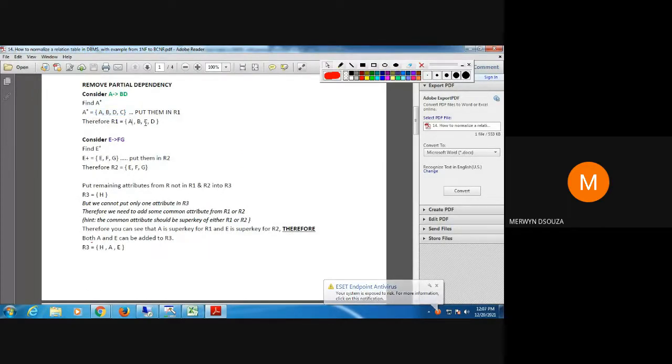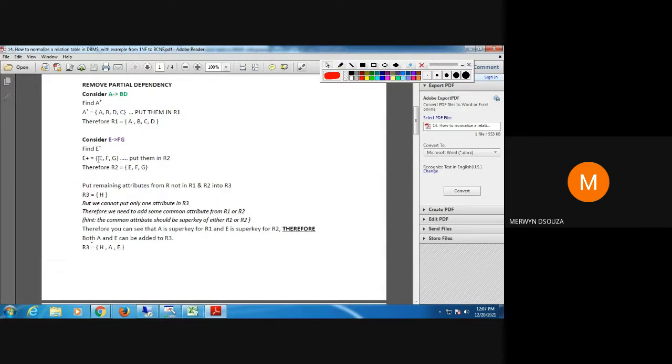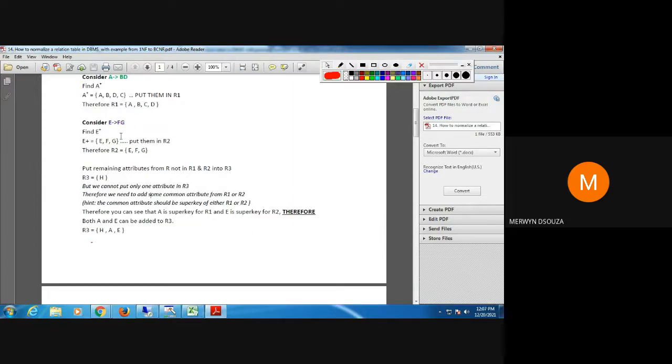If there are three relations R1, R2 and R3, and R3 is just having one attribute, find one common attribute from R1, find another common attribute from R2 and add both of those to R3. Like I have explained previously, I'm not going to do this in detail. Find one super key from R1.